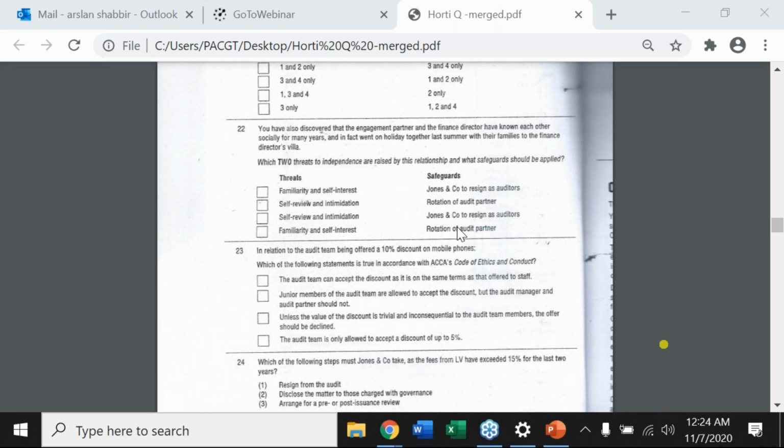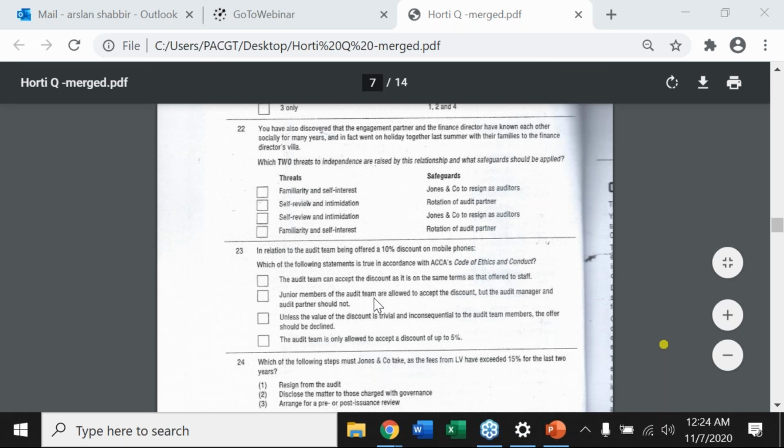Now we are going to the third. In relation to the audit team being offered a 10% discount on mobile phones, which of the following statements is true in accordance with the ACCA Code of Ethics and Conduct? The audit team can accept the discount that is on the same terms as that offered to staff.